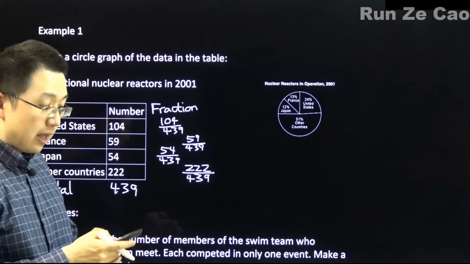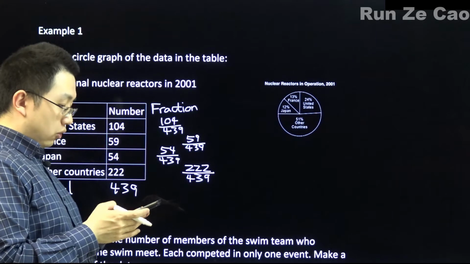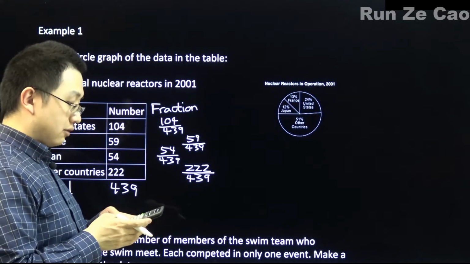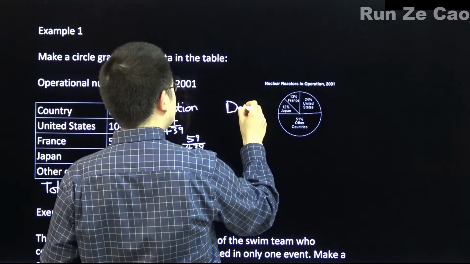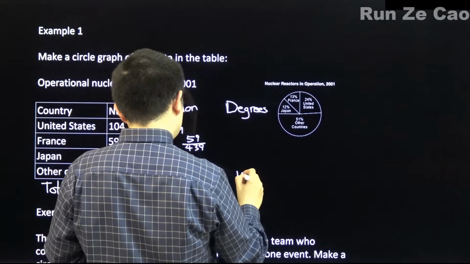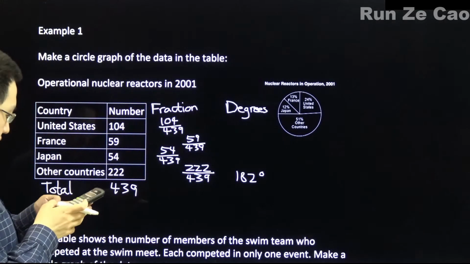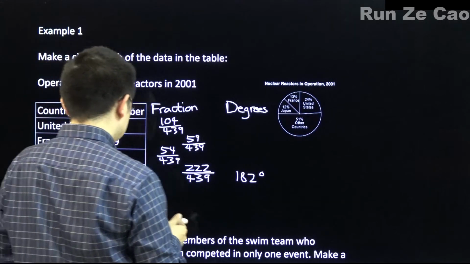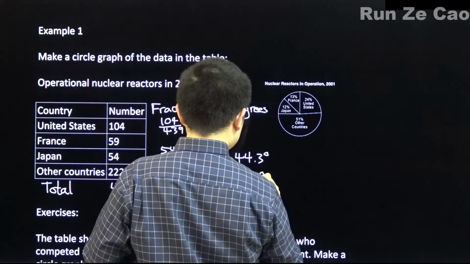Okay, then. 222 divided by 439, times 360 equals 182 degrees, approximately. 54 divided by 439 times 360 is 44.3 degrees, approximately.